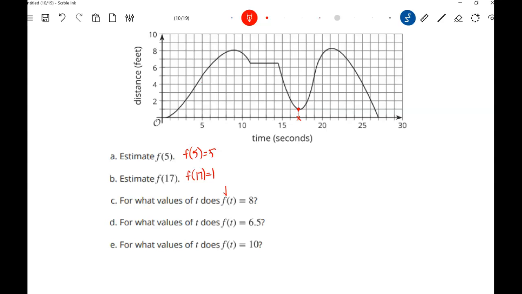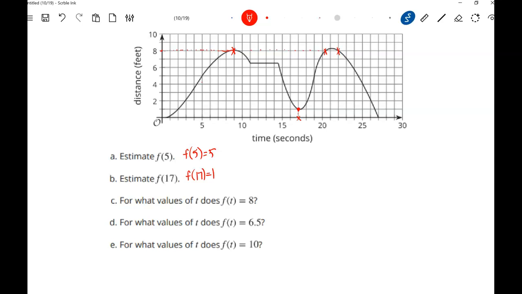This one says the distance after so many seconds is 8. So when is the distance 8? So we're going to start from the distance this time. Here's the distance. The distance is 8. And we're going to find where on this graph the distance is 8. So there's one spot. And if you notice, there's another spot right there and another spot right there.